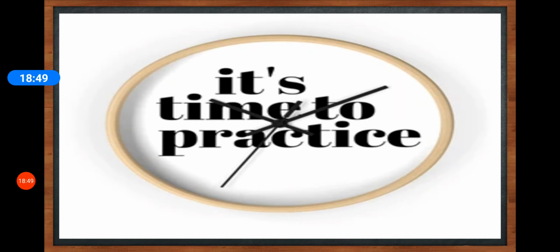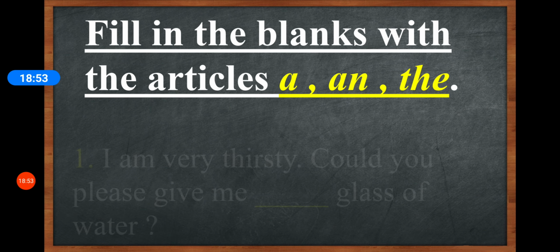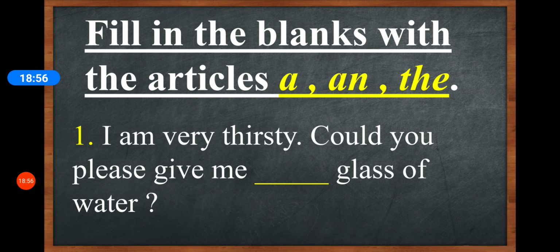So enough of rules. Now it's time to practice. You have to fill in the blanks with the articles a, an or the. I am very thirsty. Could you please give me dash glass of water? A, an or the.